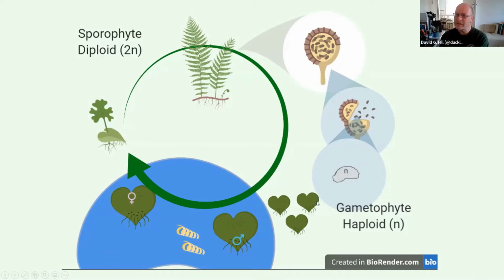They're carried by the wind and will land, hopefully, if they're lucky, on a suitable substrate. And they will then germinate into these little heart-shaped structures. These are then fertilized in water, and that gives rise to a new fern, the sporophyte. So the lower half is called the gametophyte stage, and the top half is really the sporophyte stage. So sporophytes are the things we tend to record, although not always. I'll show you some examples of the different stages.